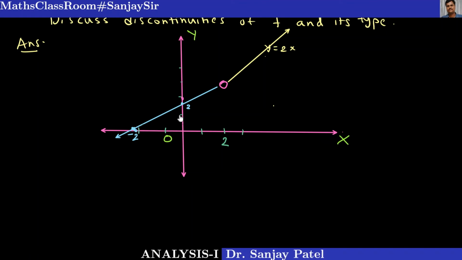So the line is passing through minus 2 comma 0 and 0 comma 2, and the line is y is equal to x plus 2. Okay, so this is my graph.